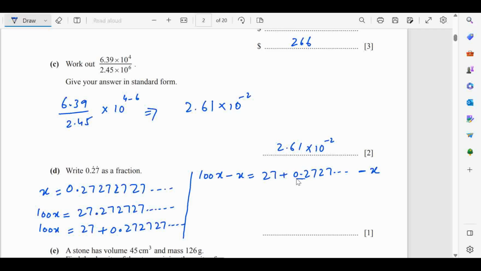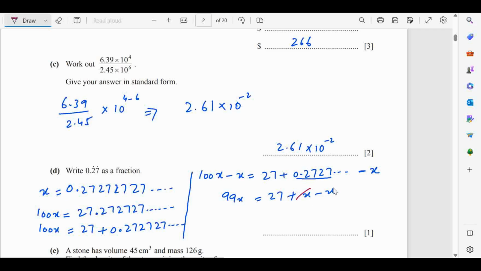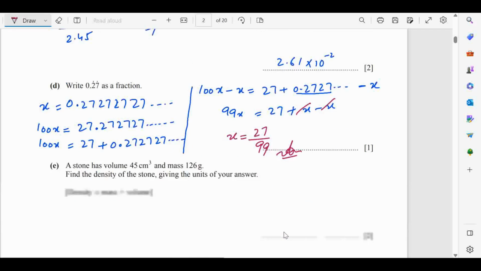Now we know that this whole recurring part is equal to x, so we can write 99x equals 27 plus x minus x. Now we can cancel out these two. So x will be equal to 27 divided by 99. This will be the final answer.